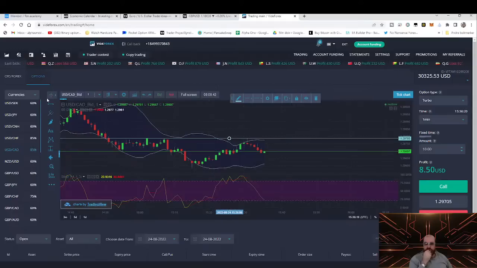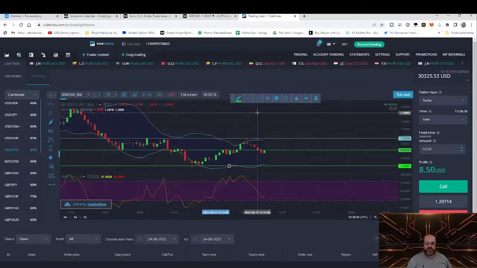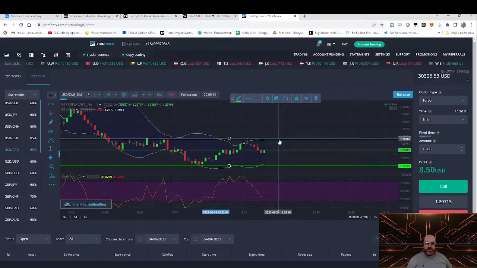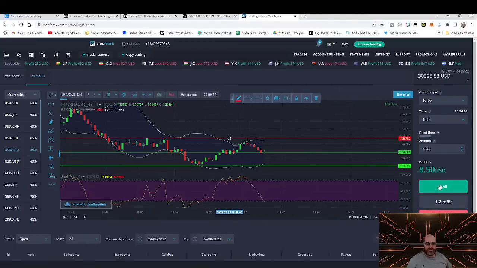And in the bottom we take a line down here. Let's make the bottom one green. We can make it a little thicker. We take our top line, we make that one red. So it's equal to the ones you see here. We can make that one a little thicker also.